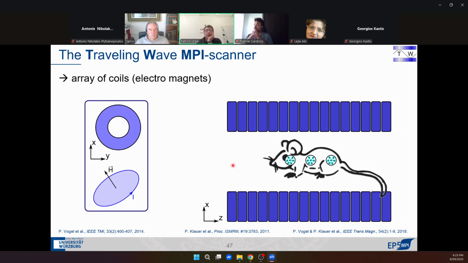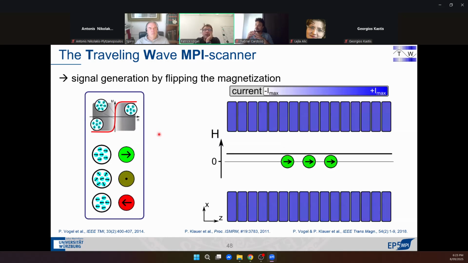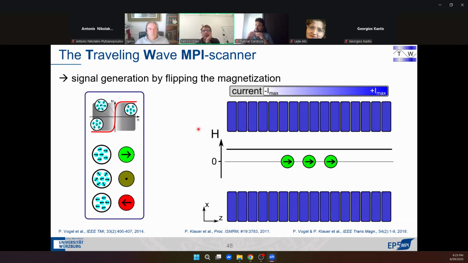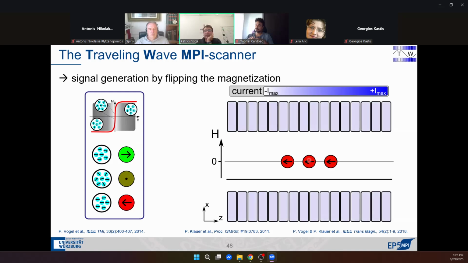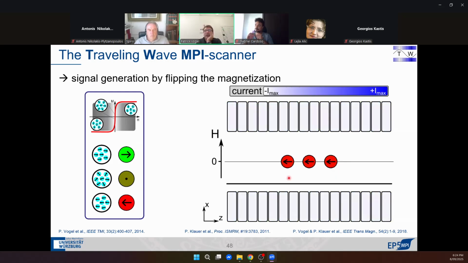Firstly, we started with 16 single coils. So it's just an electric coil, and by driving all the coils with a sinusoidal current, all the same currents, all the same amplitudes, and so on, you can see that the particle systems, so the different areas, change their magnetization.